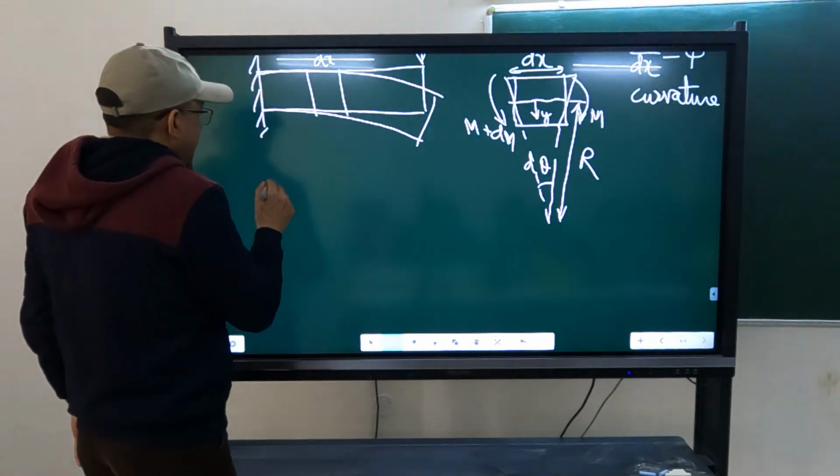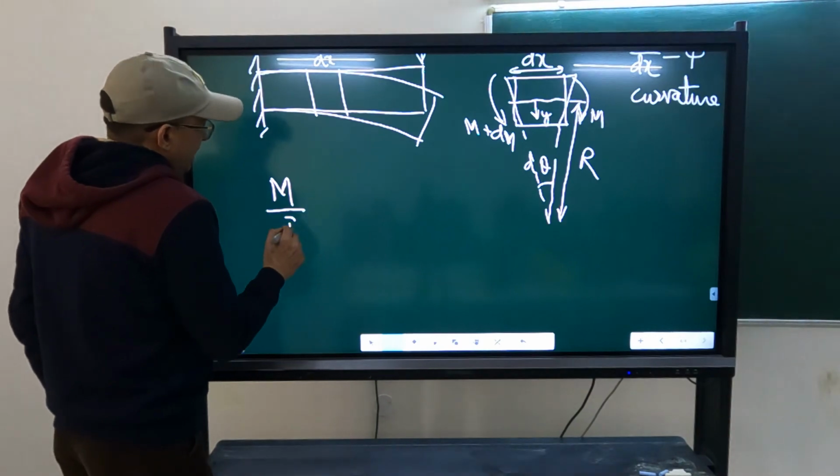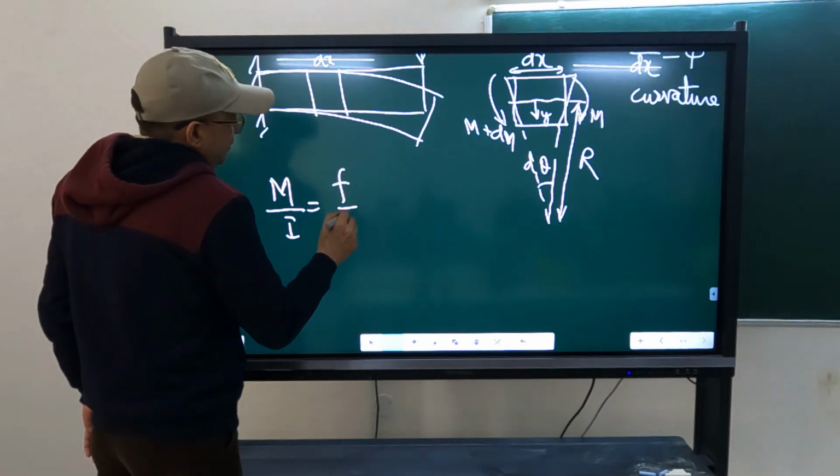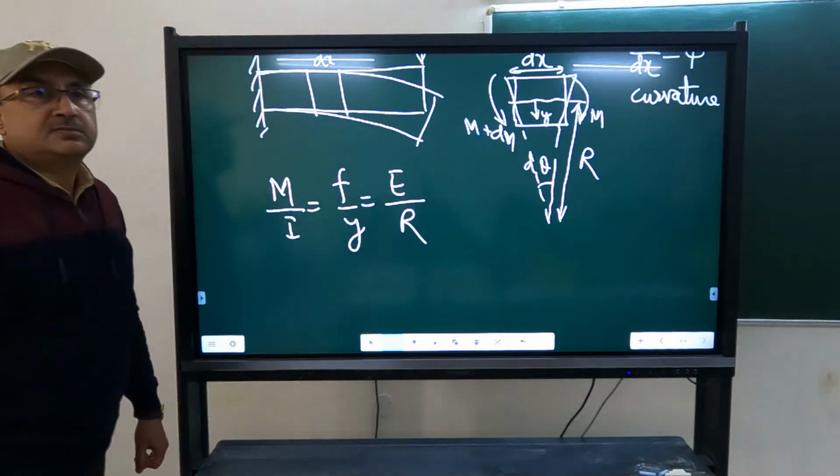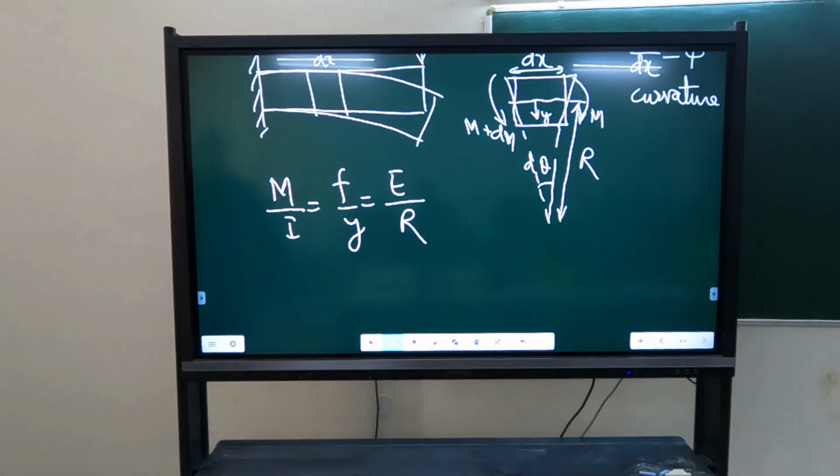You have derived one expression: M upon I is equal to f over y is equal to E over R. You remember? All of you have done this. Can you derive it now?